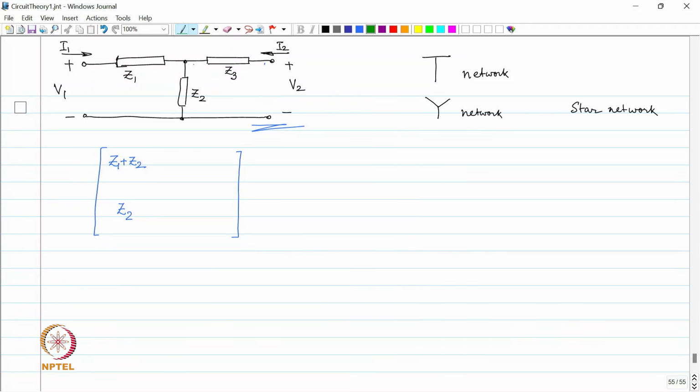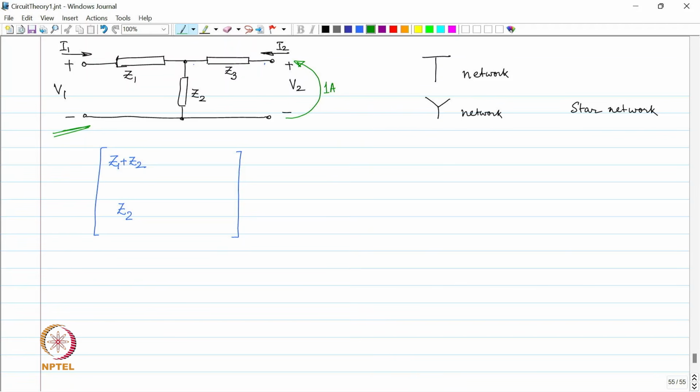So, let us now open circuit port 1. We open circuit this and we are going to push 1 ampere over here. Let us push 1 ampere into the network.